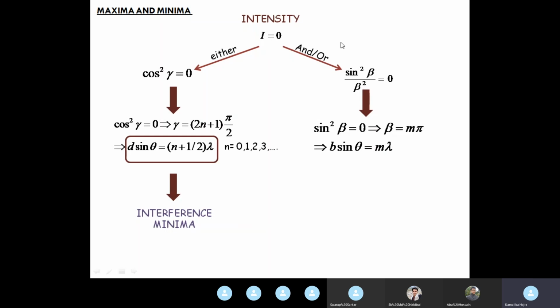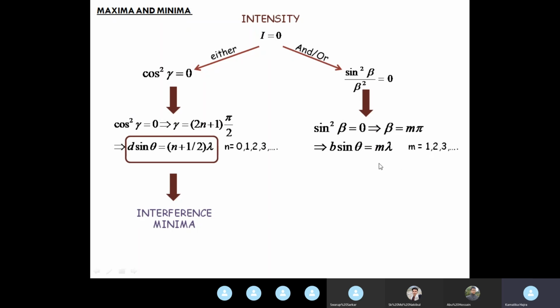So we will get I equal to 0 only when beta equal to m pi. So putting the value of beta, we get b sine theta equal to m lambda, m equal to 1, 2, 3. Once again, I'm reminding you, m not equal to 0, because m equal to 0 will give me beta equal to 0, which will give me back my condition of 0 by 0, which is the position of central maxima.